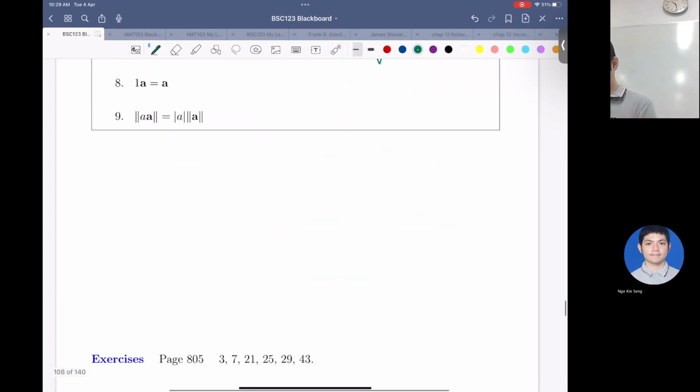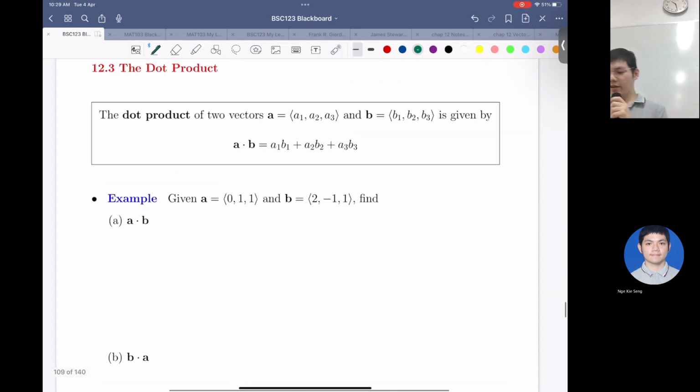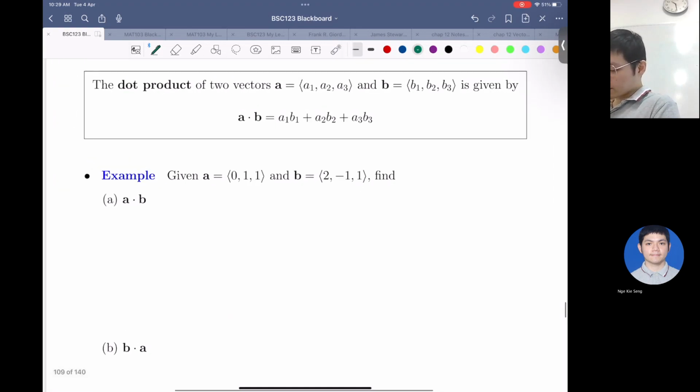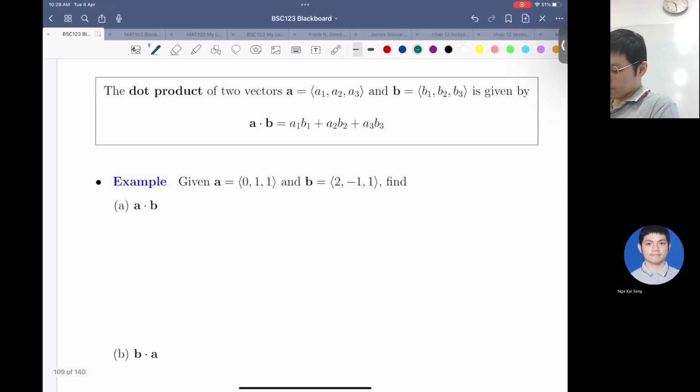Okay, next. We come back to the dot product again. I think we should do one example here to check everyone is on the same page. The dot product of two vectors is defined by taking the multiplication of the corresponding components and then adding them all up. So for example, you have A = (0, 1, -1) and B = (2, -1, 1).